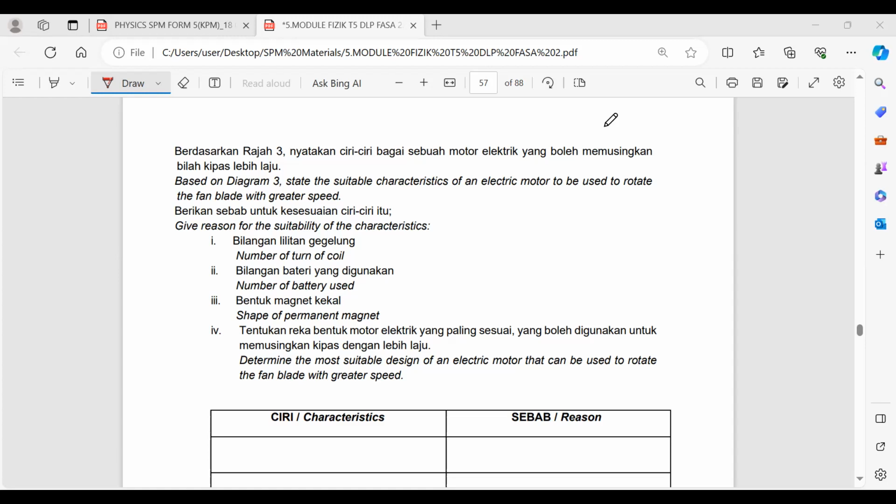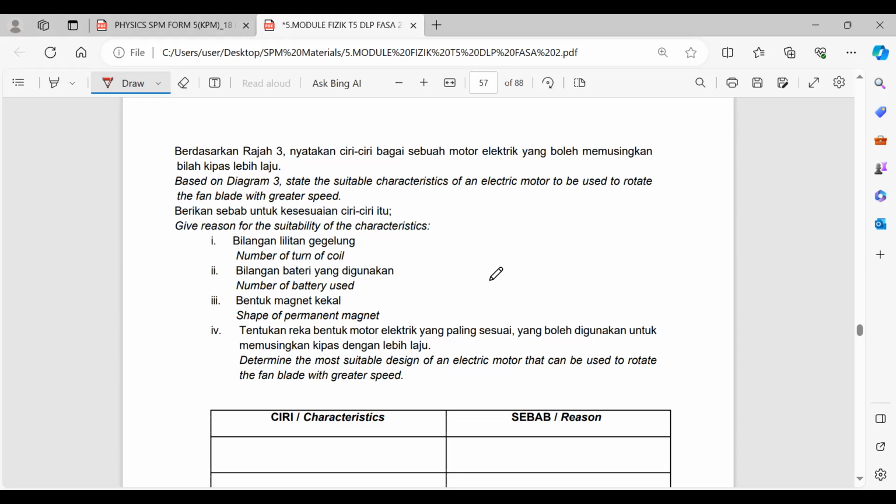More number of batteries increases the magnitude of the current. So when the magnitude of the current increases, that is going to influence it. Okay, that's accepted.